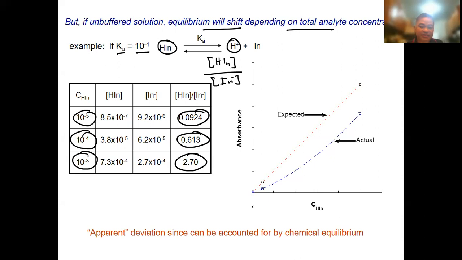And this can be accounted for by the chemical equilibrium. So we know K is just equal to the product over the indicator. So if you're going to look at this, if you have an expected absorbance here, a different concentration of the indicator or the buffered, if you have an unbuffered one, it will have a negative deviation. Okay?